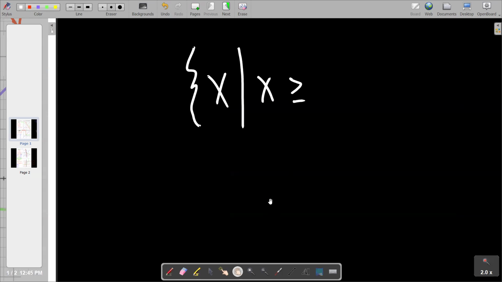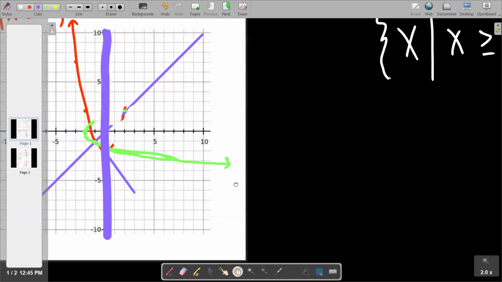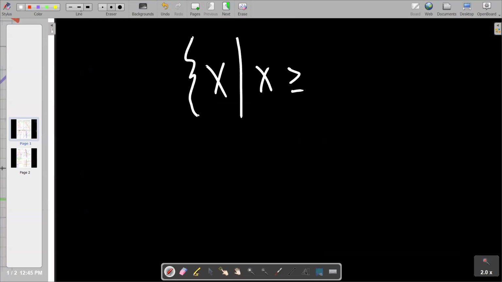And again, the reason I chose that number is because the vertex is right here. The vertex is on this line and has an x value of 0. So we just restrict the domain to the right side. And that is that.